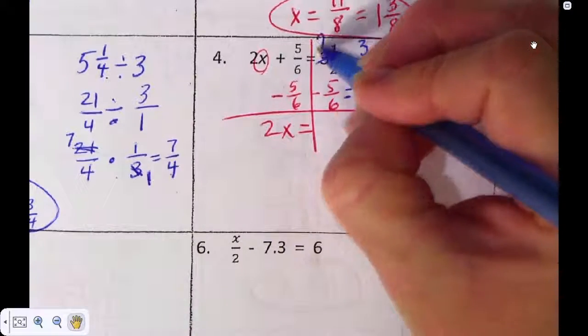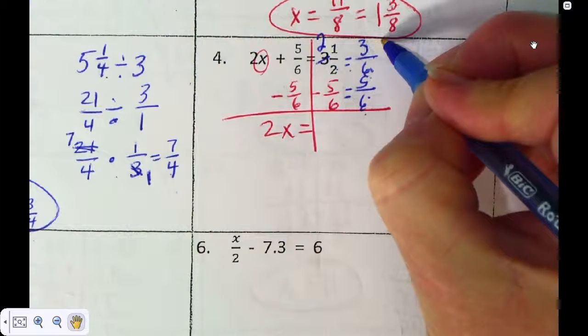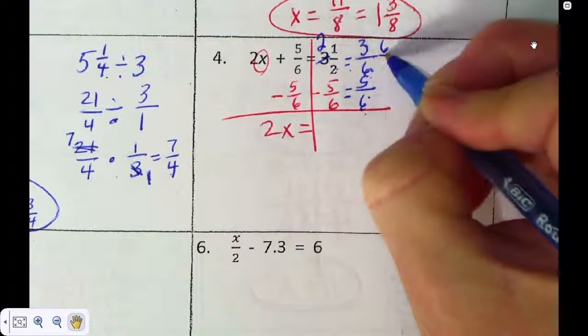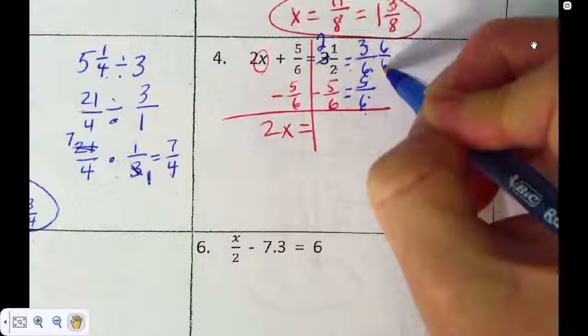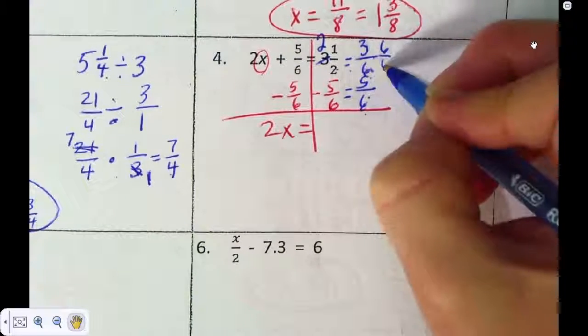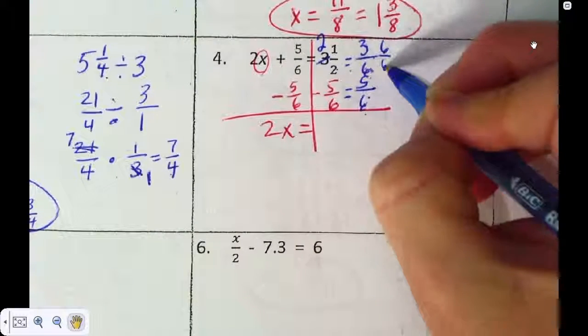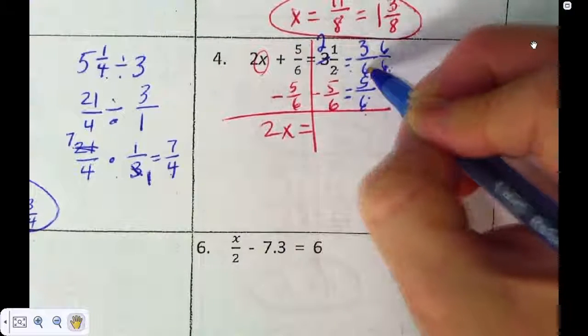Go take one of the whole pizzas and cut it up into what? 6/6. Why am I cutting it into 6/6 this time? Right, I've got to have the same denominator. I've got 6 over there.